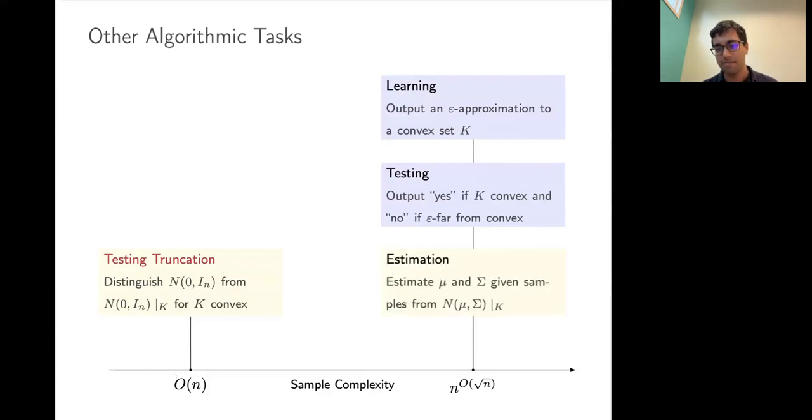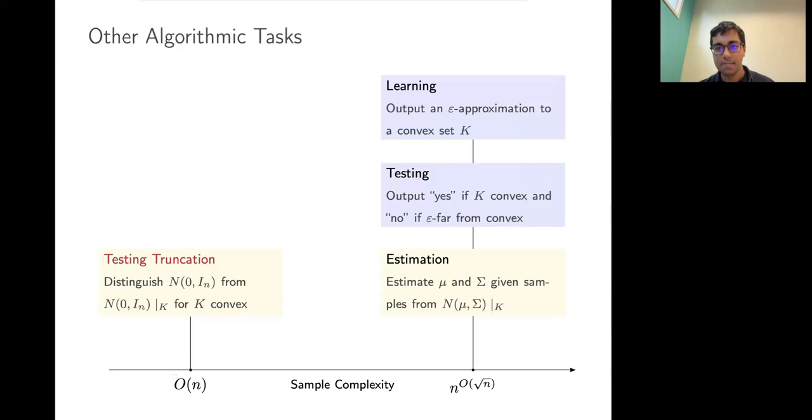So you're getting samples from the truncated distribution, and you want to estimate the mean and covariance matrix of the Gaussian distribution. So these are some natural tasks, and this testing truncation problem is significantly easier. It has linear in n sample complexity as opposed to all of these other tasks, which essentially require 2 to the root n samples.